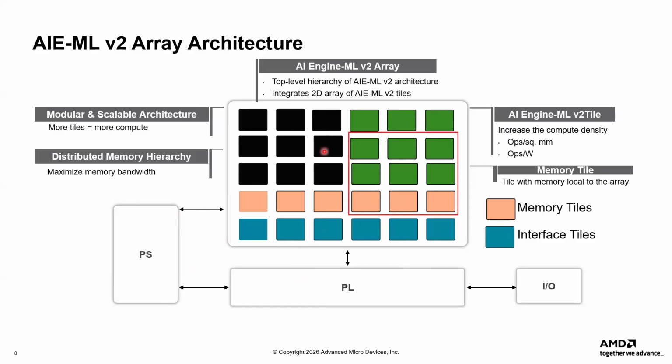So keep in mind, the AI engines are high-speed math processing engines. This is not a place where you're going to move data and store it indefinitely. You're not going to do operations here and then have the results just kind of sitting around. Basically, we push data into the AI engines for processing, and then we immediately push those results out.